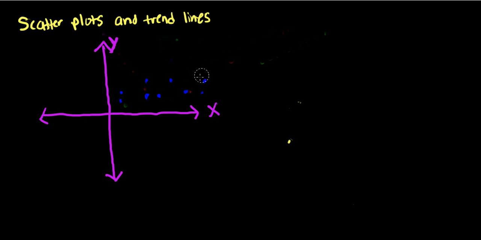Now we're going to look at an example of looking at a scatter plot and determining what type of correlation. So on the y-axis we have test scores, and on the x-axis we're going to have hours of TV watched.